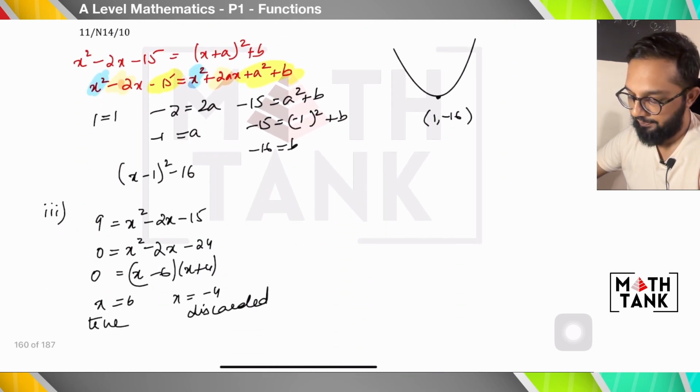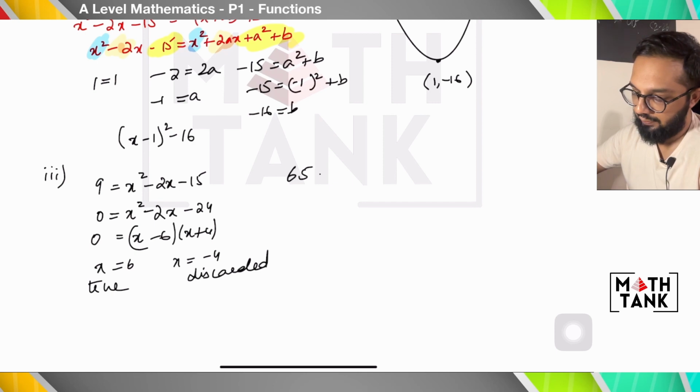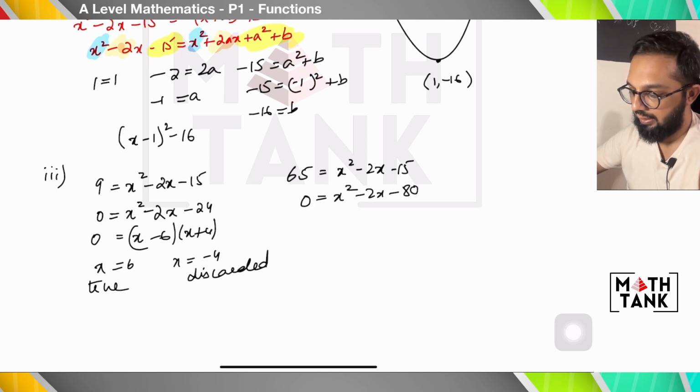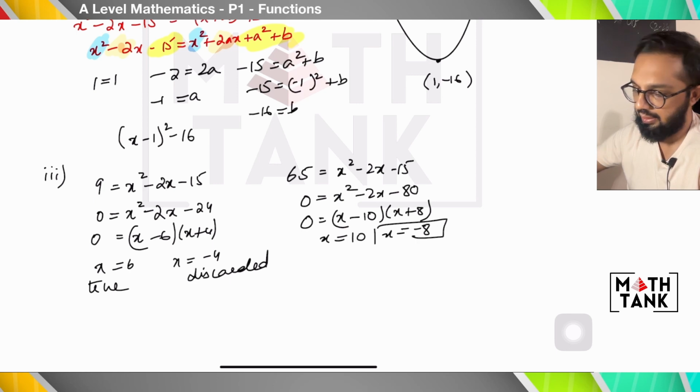So that's p. 65 equals x squared minus 2x minus 15. So x squared minus 2x minus 80, 10 and 8. x equals 10, x equals minus 8. Again, that gets discarded. And that's the correct answer.